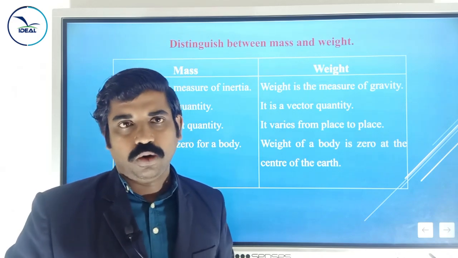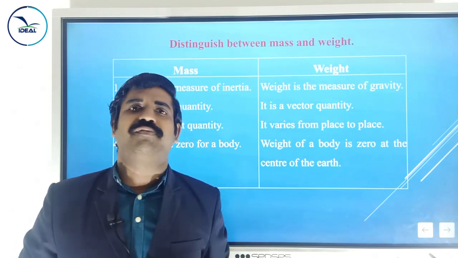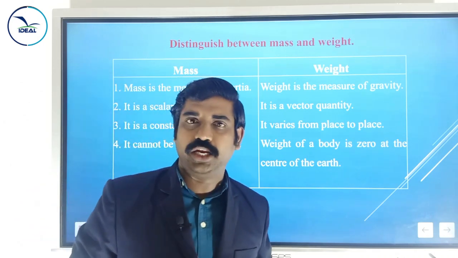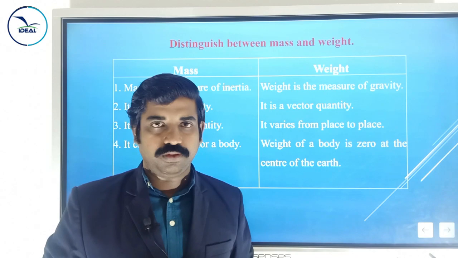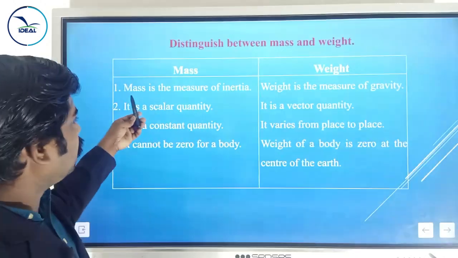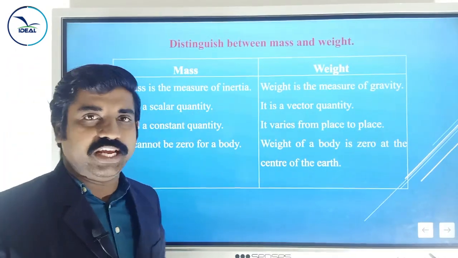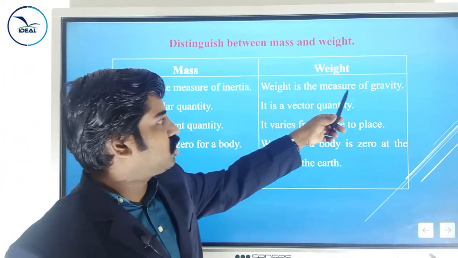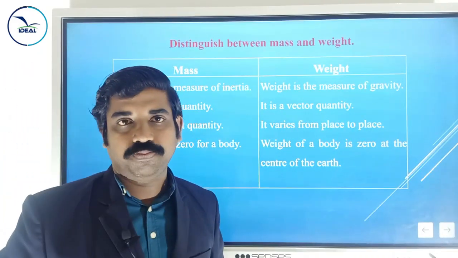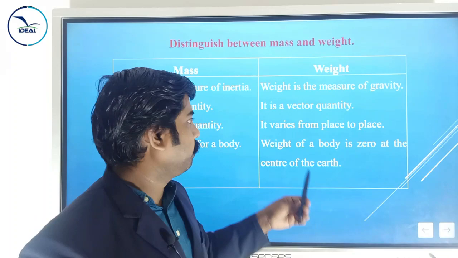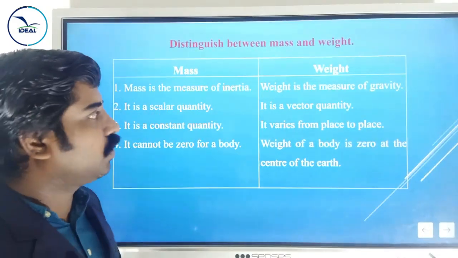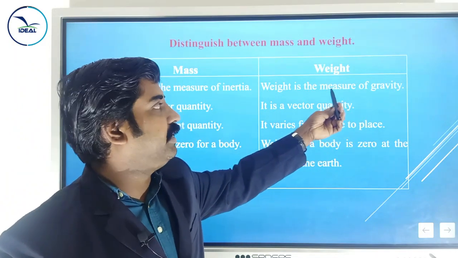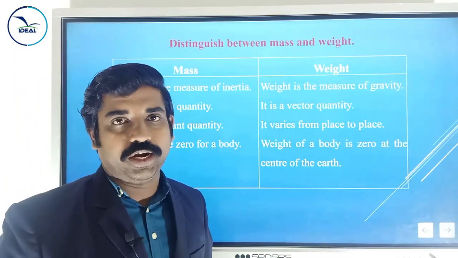Or we can say any object having a tendency to retain its state of rest or uniform motion is called inertia. So mass is the measure of inertia, but weight is the measure of gravity. Mass is a scalar quantity, but weight is a vector quantity.